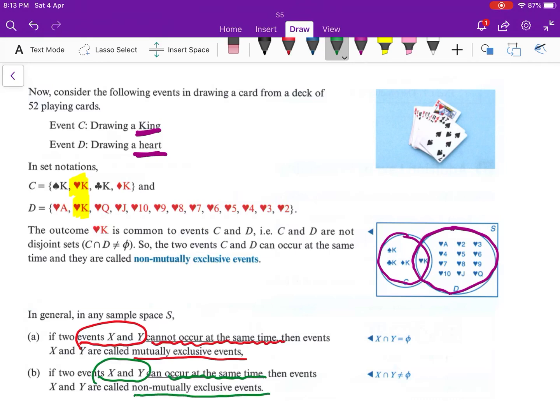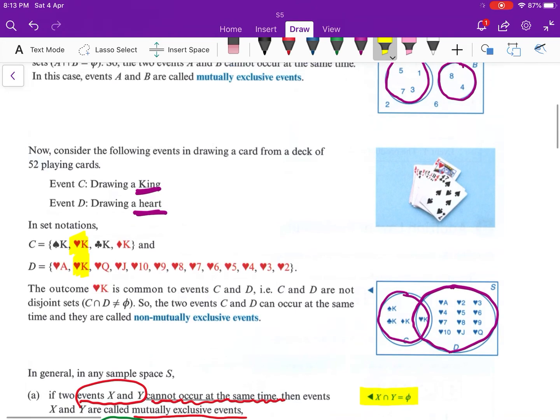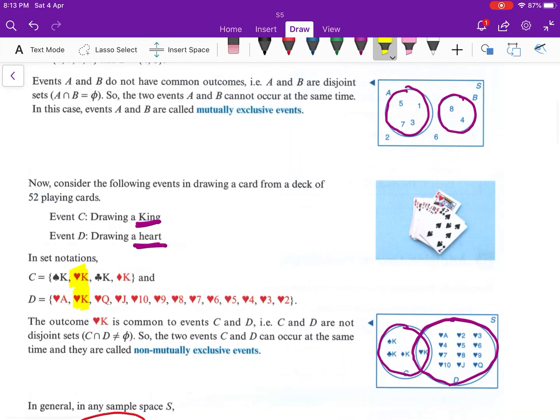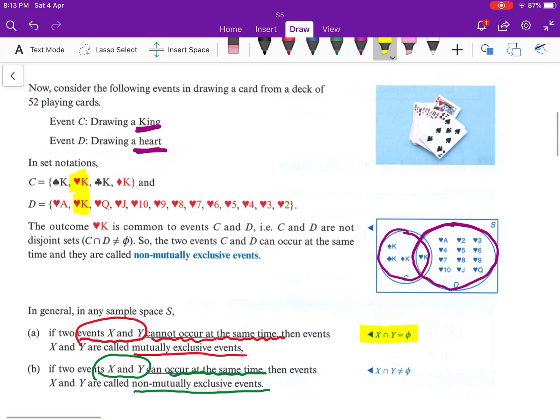Is it clear? Now we will use set notation to represent it. X intersection Y equals this symbol, which means the empty set. For example, here with X and Y, can you find any element that is in both? No, we can't find any, so this is the empty set.